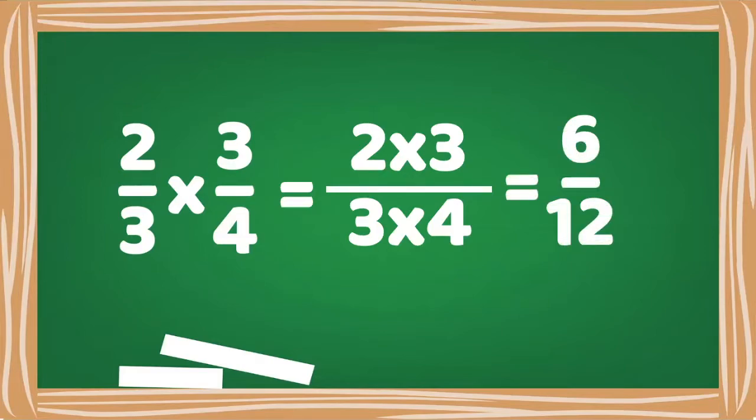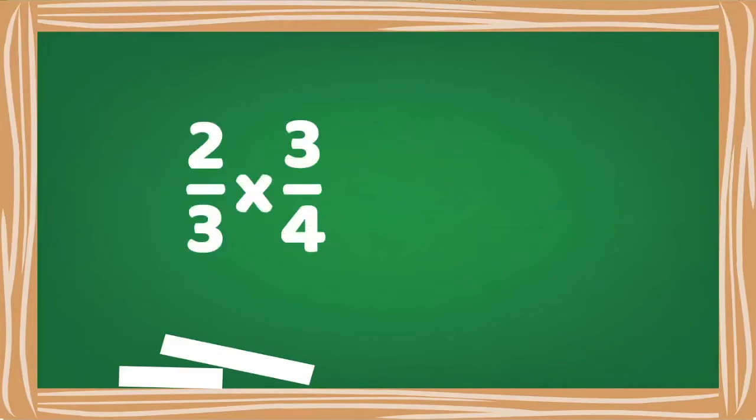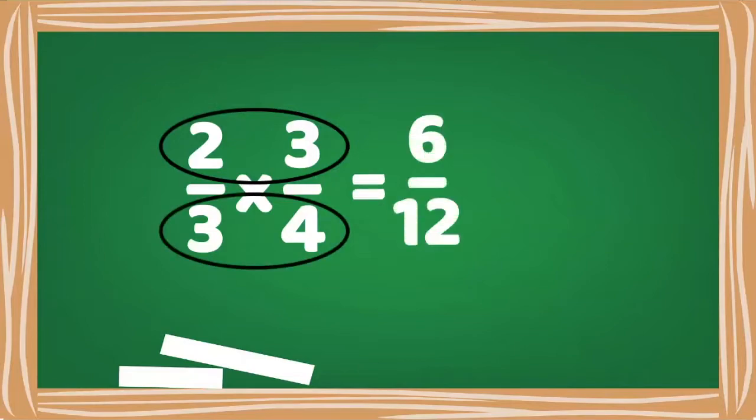To make it more simple, this means that to multiply fractions, all we have to do is to multiply the numerators, then multiply the denominators, and then we have our answer. But wait, there is something lacking in this problem.